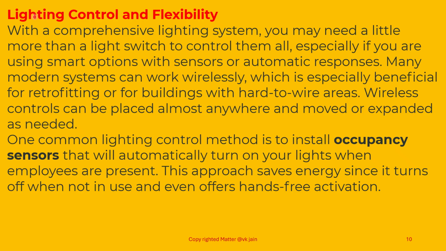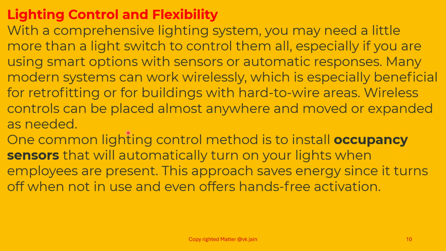Friends, lighting control provides flexibility. With a comprehensive lighting system, you may need a little more than a light switch to control them all, especially if you are using smart options with sensors and automatic responses. Many modern systems can work wirelessly, which is especially beneficial for retrofitting or for buildings with hard to wire areas.